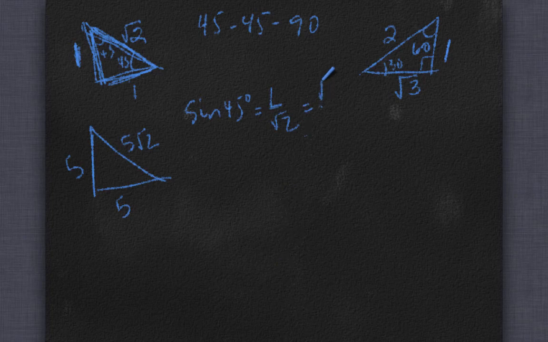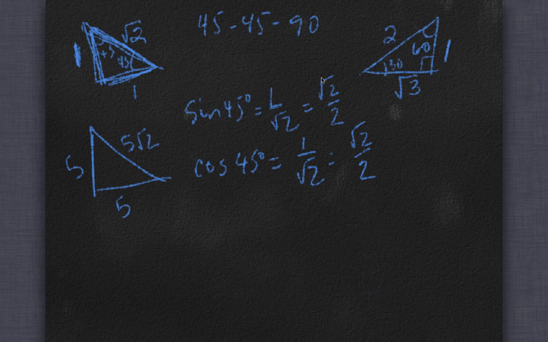It's usually given as square root 2 over 2, again because of that rationalizing the denominator thing. So these are both 45. We'll get the same result in either case. Cosine 45 degrees, well, the adjacent's the same as the opposite, so this is actually the same.